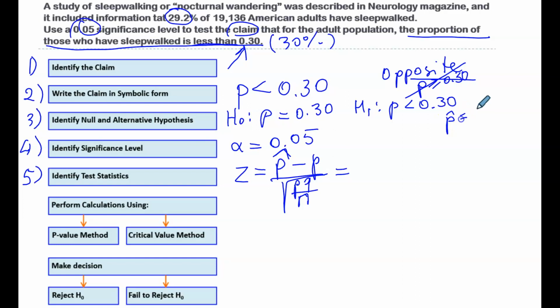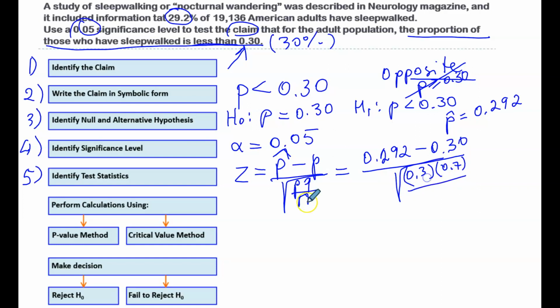Therefore, P hat is 0.292. 0.292 minus population proportion P is 0.3, divided by square root of P is 0.3, Q is 1 minus 0.3, which is 0.7, divided by N, 19,136.